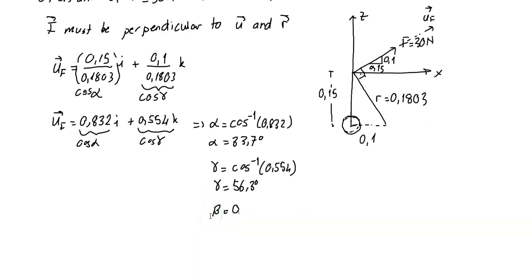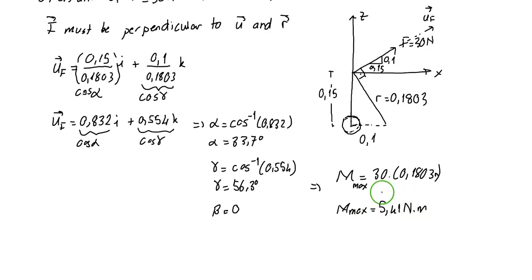And what about the moment? The maximum moment here is simply 30 times the moment arm. So it's a scalar calculation. I don't need to do any cross product or dot product. Simply 30 times 0.1803, that's meters, that's Newton, and that makes the maximum moment. So the maximum moment will be 5.41 Newton meter.